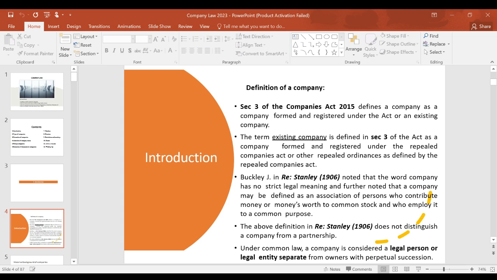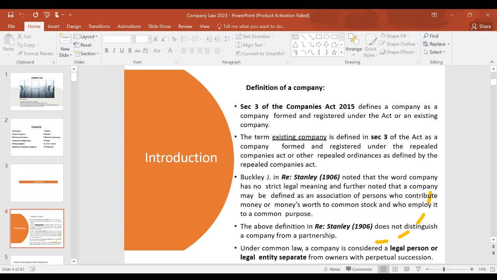In case law, Barclay J. in Re Stanley 1906 notes that a company is that body or association of persons who contribute money or money's worth to a common stock and who employs it to a common purpose.